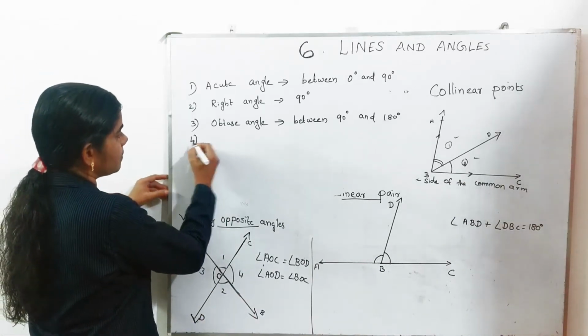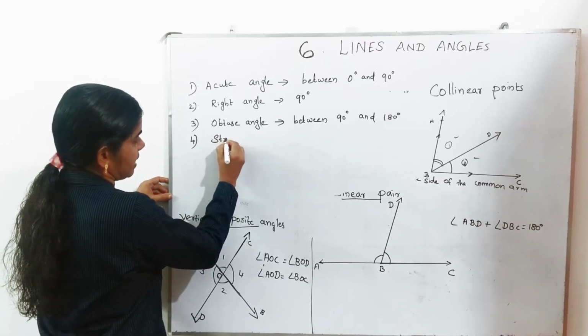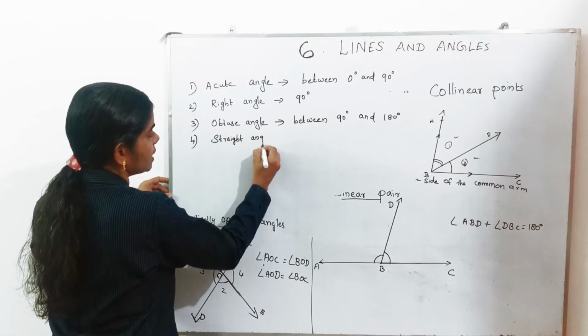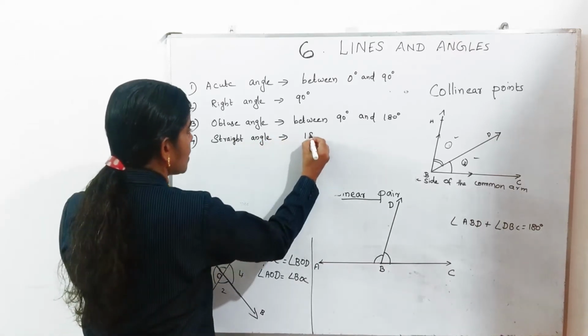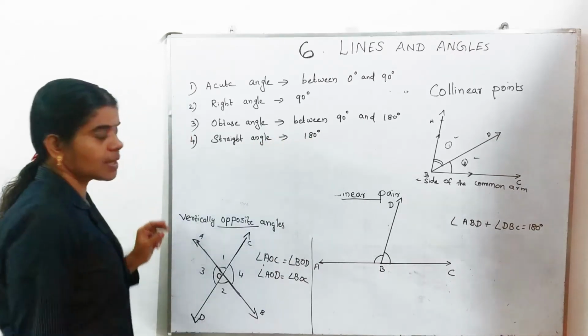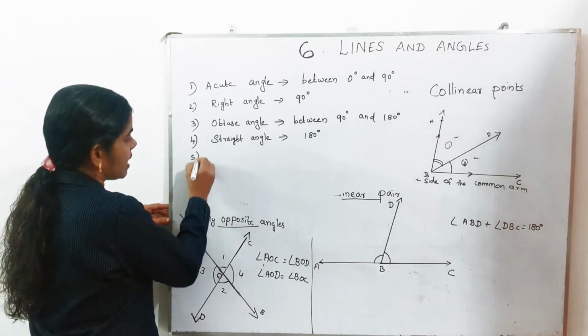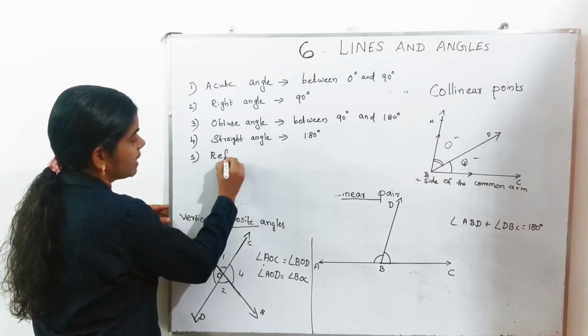Next will be the straight angle. What will be the measure of a straight angle? 180 degrees. All such angles are known as straight angles. Next, another type, that is the reflex angle.